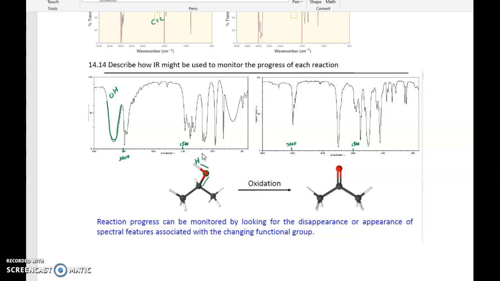Well, we can notice that there are no double bonds. And in our product, we have this nice carbon-oxygen bond that's occurring right here. The hydroxy has disappeared. And so we can monitor our reaction progress in that fashion.